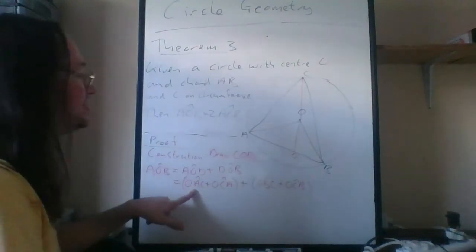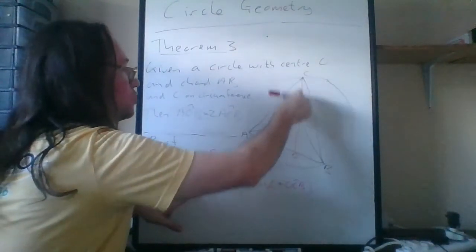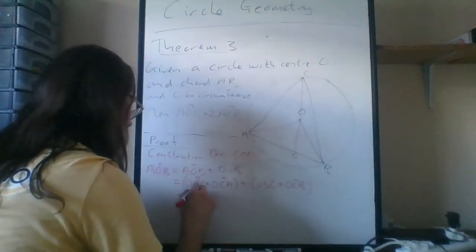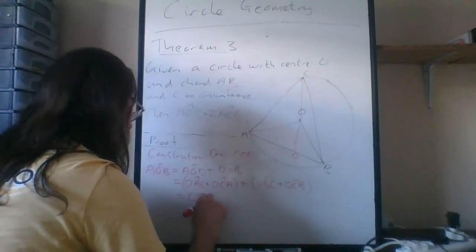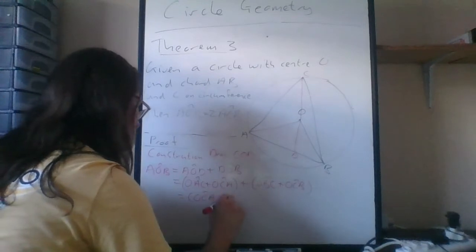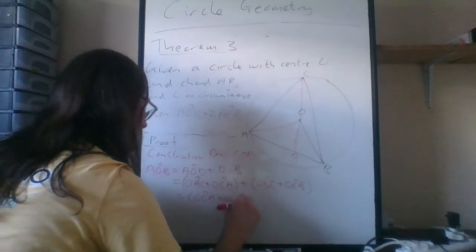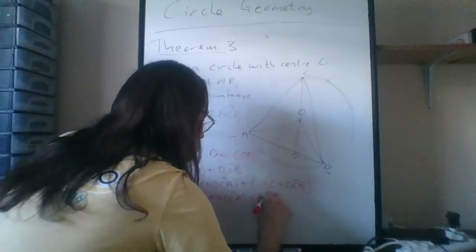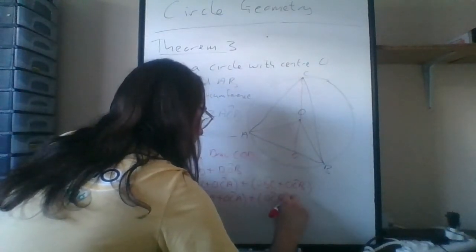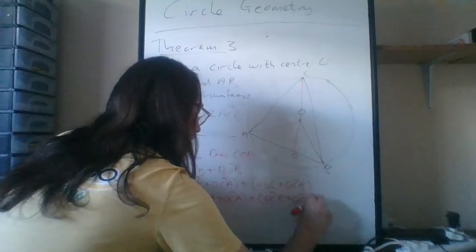Then angle OAC is the same as angle OCA. So we can change OAC to OCA plus OCA, keep the second one the same. And this OBC can be changed to OCB. So this changed to OCB plus OCB.